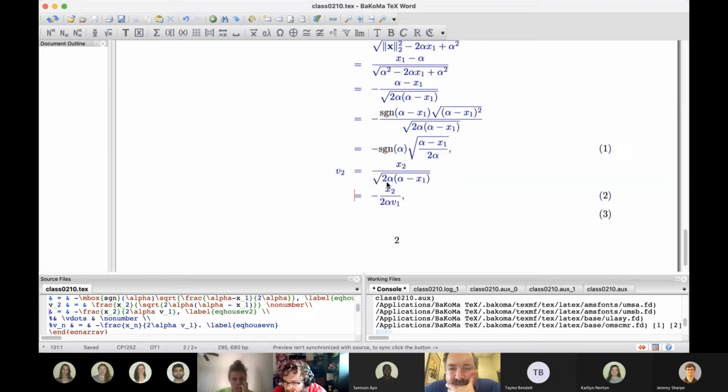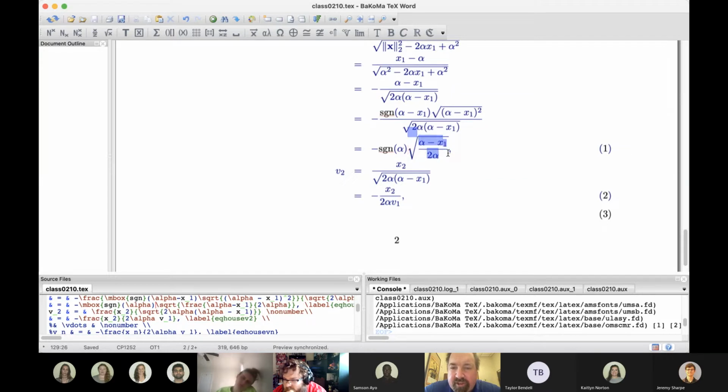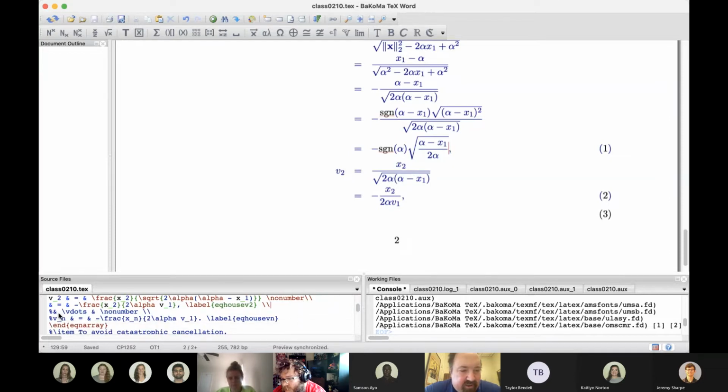So I can use this formula in combination with this one to get this. So once I've computed V1, this is actually simpler. Why? I don't need to compute another square root. The only square root I need to compute is this one. And I think a square root is several floating point operations, all in one shot. And if we can avoid that, it'd be preferable.